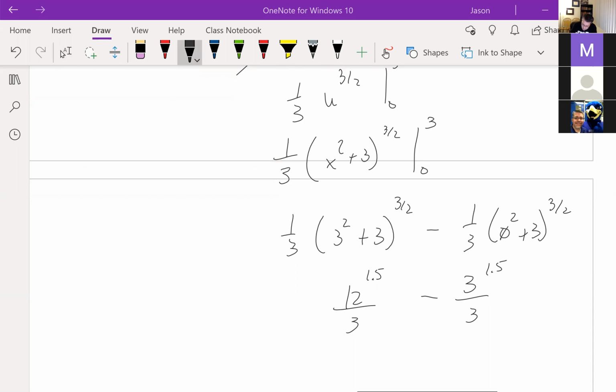It's the same thing. 12 raised to the 1.5 power divided by 3 minus 3 raised to the 1.5 power divided by 3 equals approximately 12.12. Boom, nice.